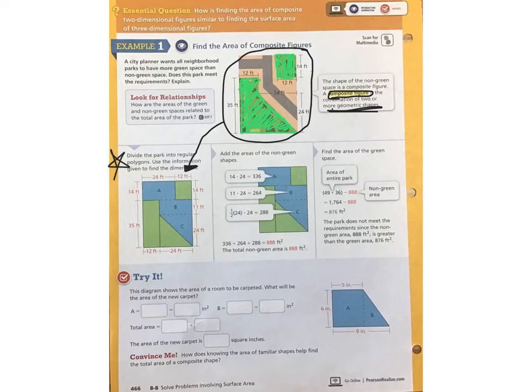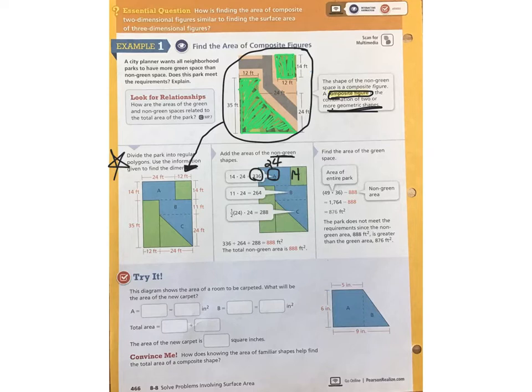Okay, so next thing that you need to do is find the area of each of the non-green spaces, which are the blue rectangles and the blue triangle. So the area of rectangle A is 14 by 24, or 336.